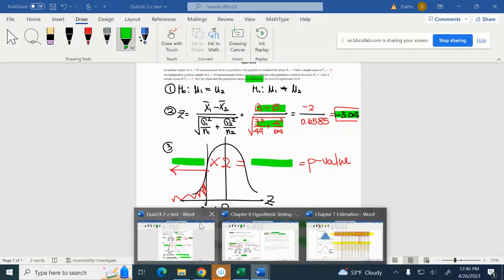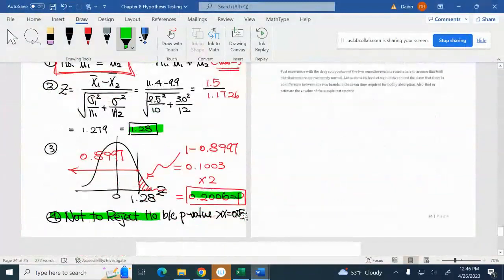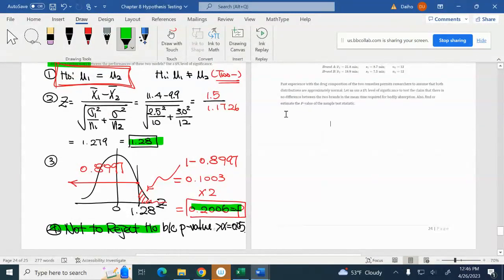Let me go back to the last example. See, look at this. It's two-tailed again. Before it was also two-tailed. Same thing. But why did we do 1 minus? Because in this case, we got the positive z-score. We found the probability to the left, but we needed the right tail.